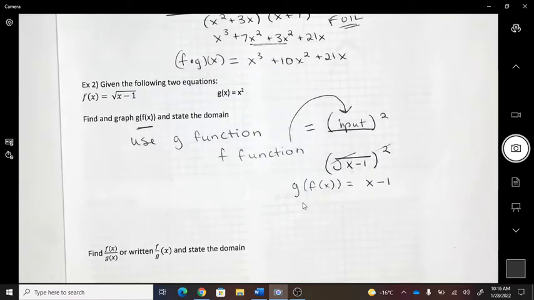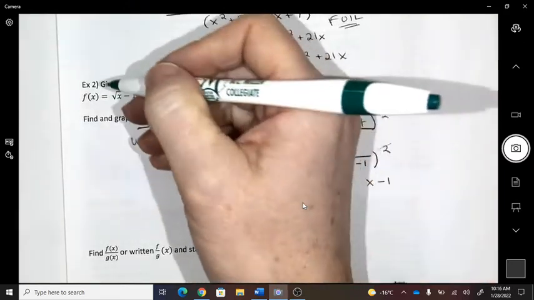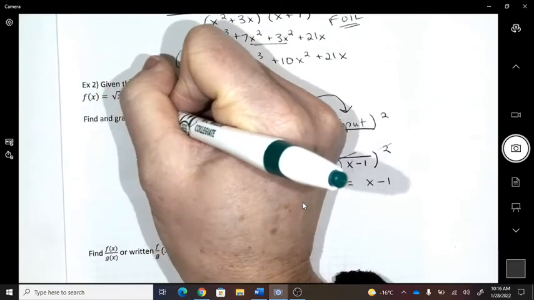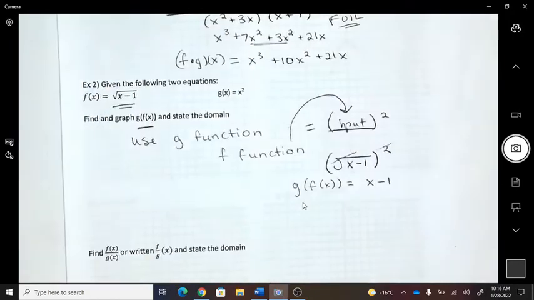Okay, let's talk about the domain of this. What's the restrictions on this domain? Can you think about when you square root numbers, what can't you have there? You can't square root negatives, right? So what's the lowest x value that's good?